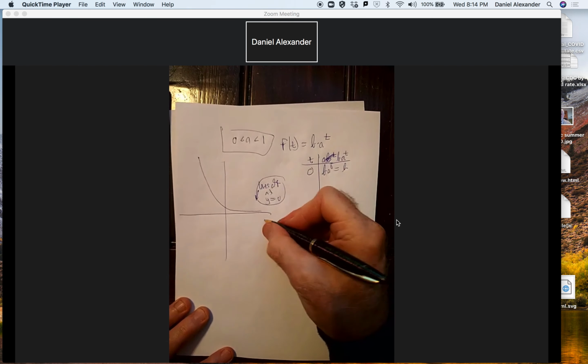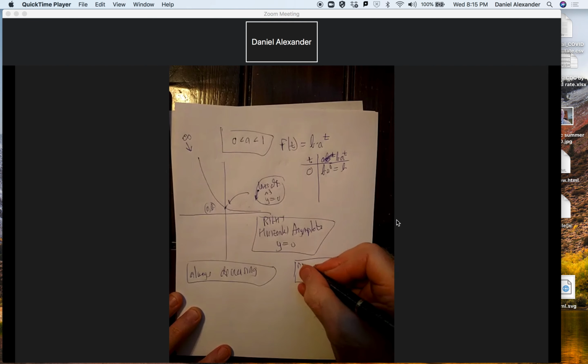The graph starts at infinity and then heads down. So we're going to see that it's always decreasing. We saw that the y-intercept was at 0, b. As with the case a greater than 1, there's no vertical asymptote.